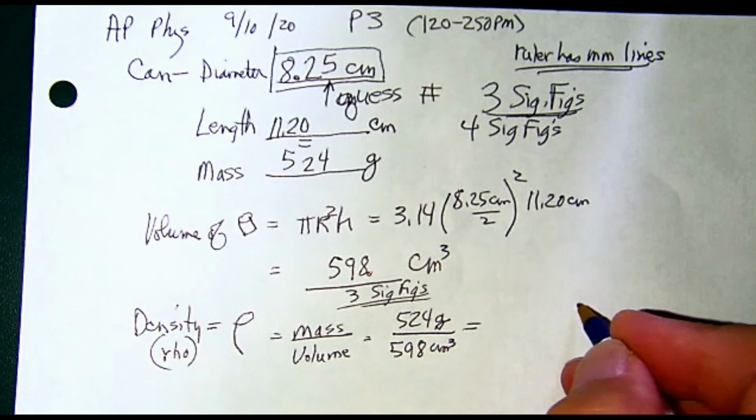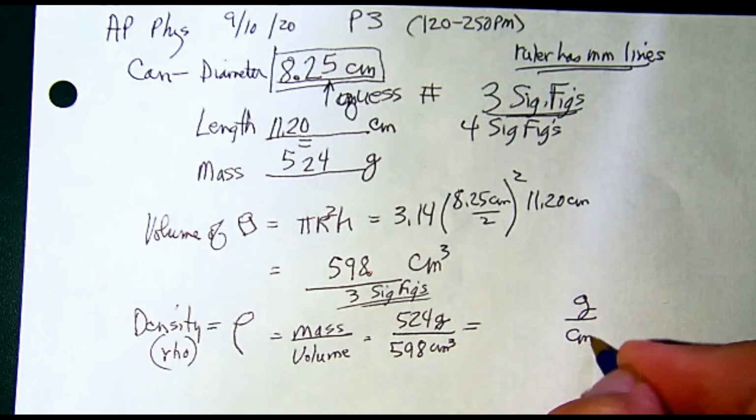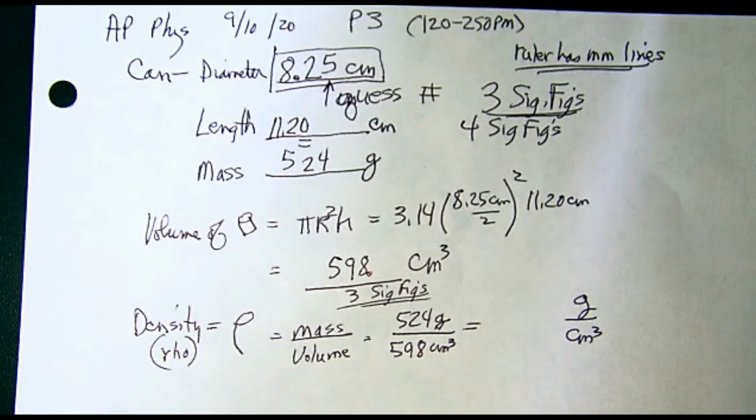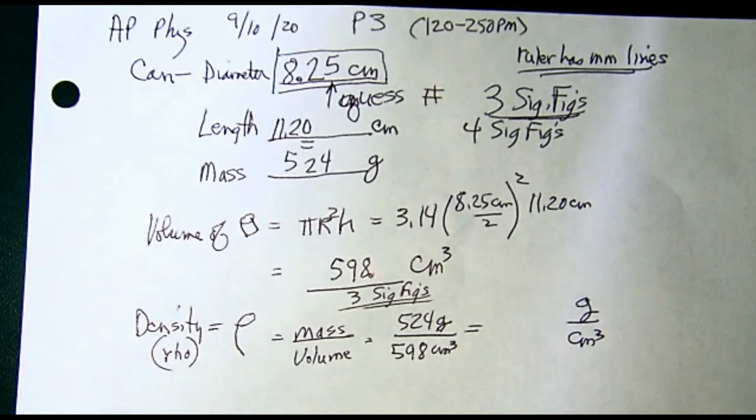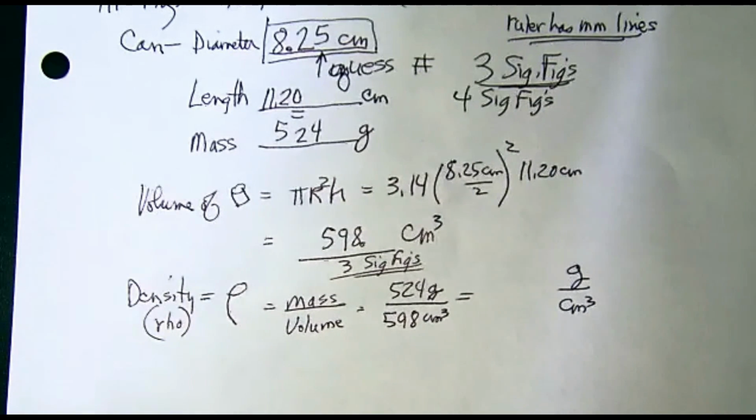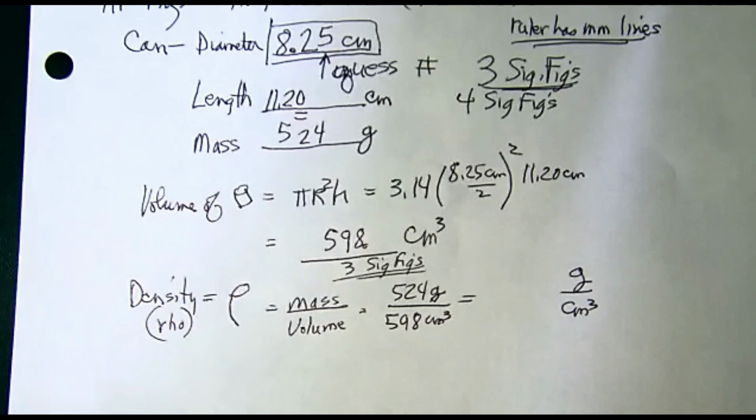And we're going to end up with grams per cubic centimeter, which is a good unit. Now, just looking at the numbers, if 524 for me is the mass and the volume is 598, is this going to float or sink in water?